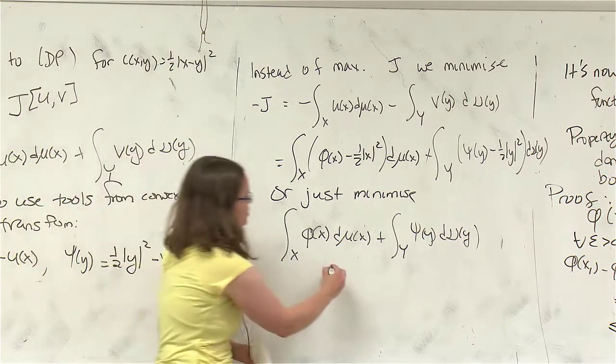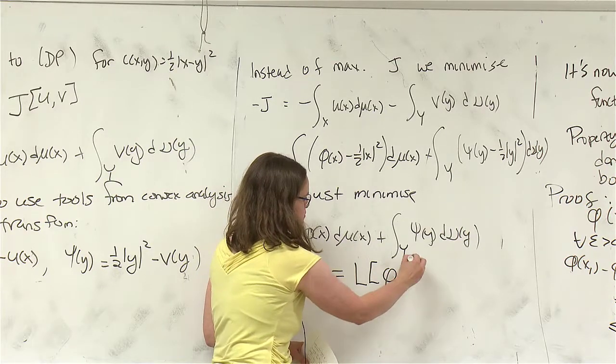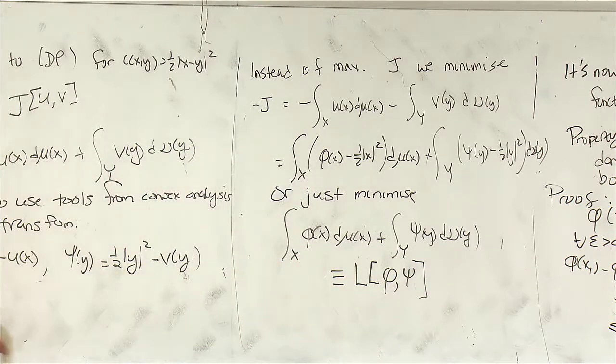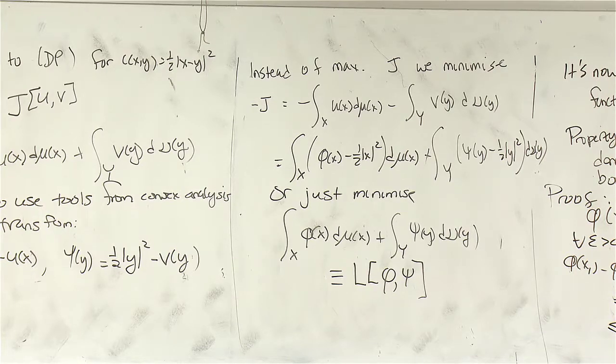And this I'm going to, again, give a name. In fact, it's no different than the J that we started with, except now we're minimizing it instead of maximizing it. All right, that's my new objective function.